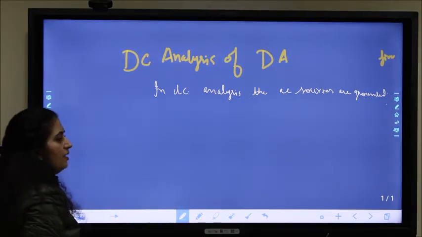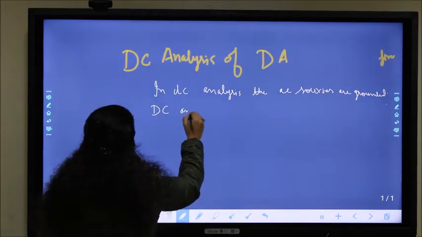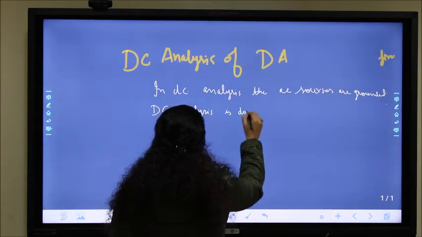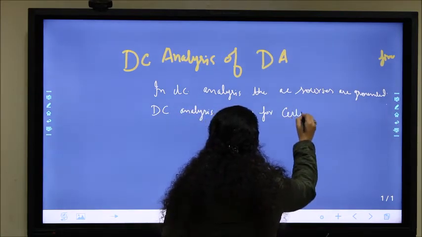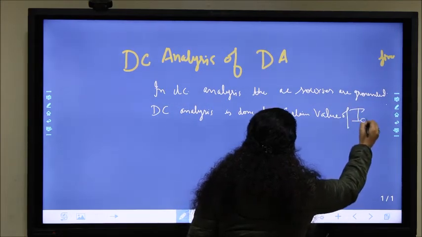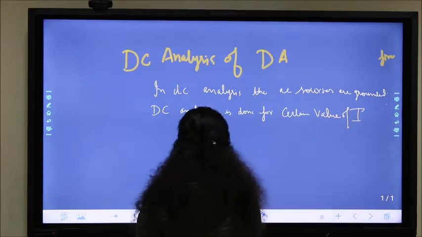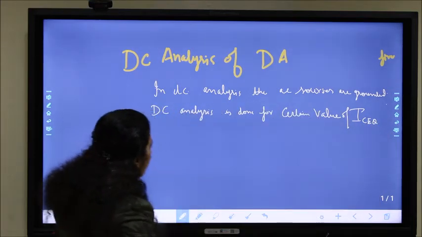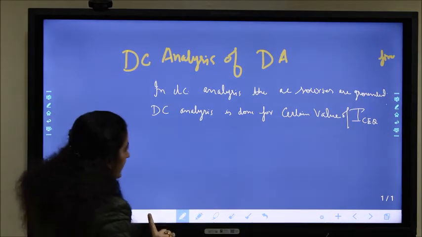DC analysis is done for a certain value of ICQ, that is the collector current. ICQ means collector current at the operating point.